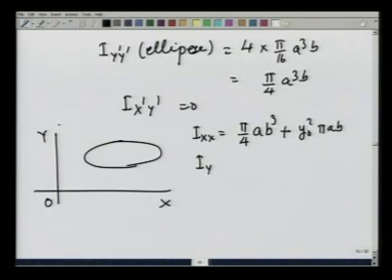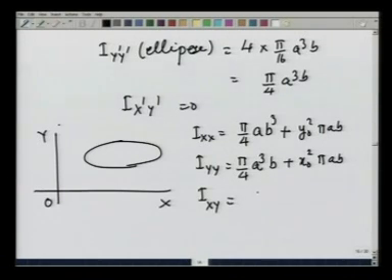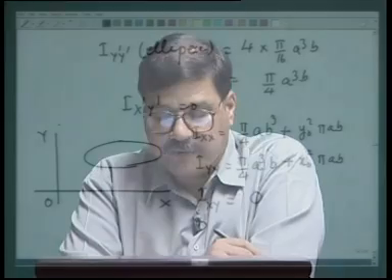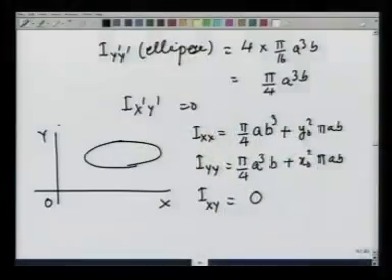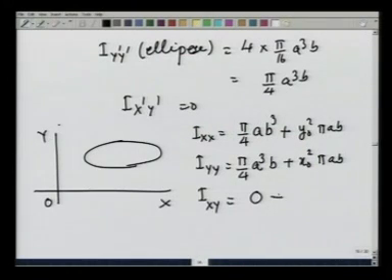I_yy is going to be pi over 4 a cubed b plus x_0 squared pi a b, and I_xy is going to be 0, which is the I_x'y', by symmetry it is 0 for axes passing through the centroid, plus x_0 y_0 pi a b.